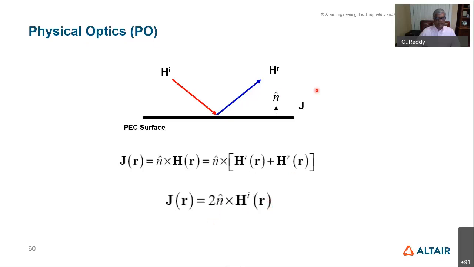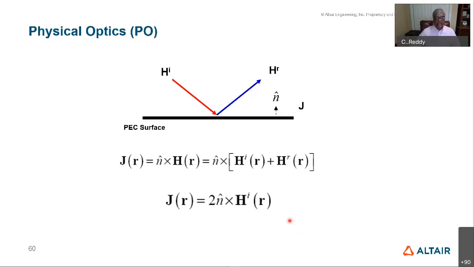Of course, this is a very valid Maxwell's equation solution, but then we don't solve these infinite things. We solve finite things. But what people found back in the 60s and 70s, when this method was very prominent because of the lack of computation resources, is that you can apply this formula even to finite structures and get reasonably good answers, because this approximation seemed to hold good when you apply it to electrically large structures.